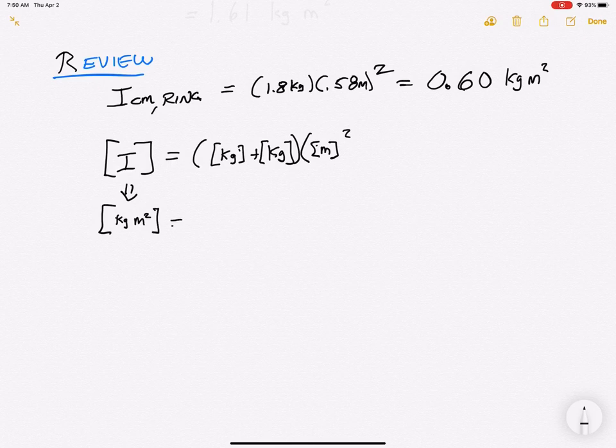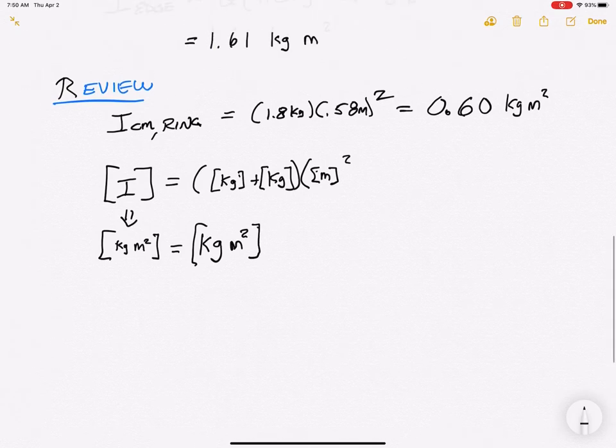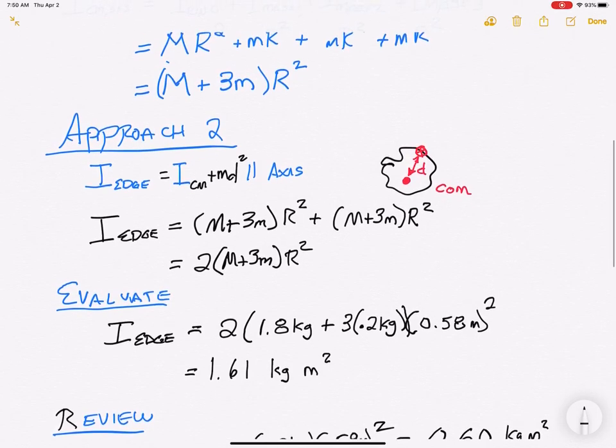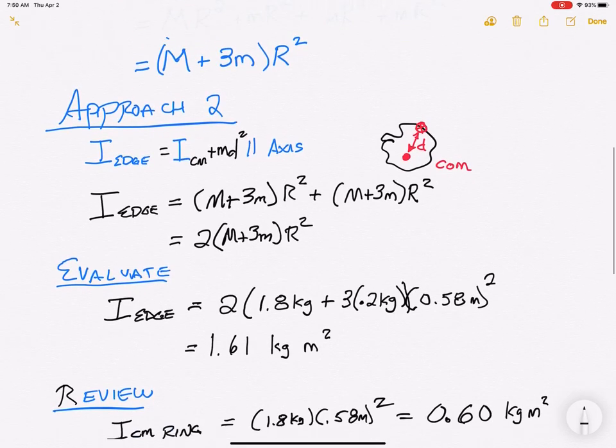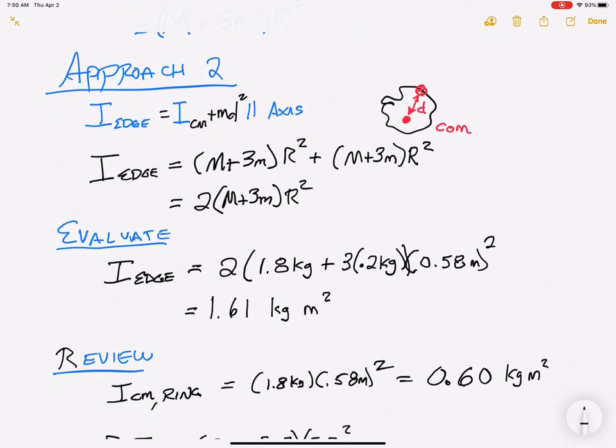So we're going to see that we have for our units to be kilograms meters squared as expected. In fact, as a general review, all moments of inertia are going to look like mass times some distance squared.